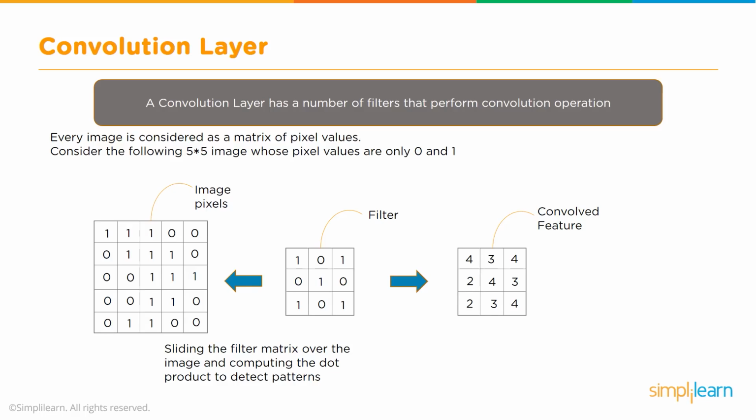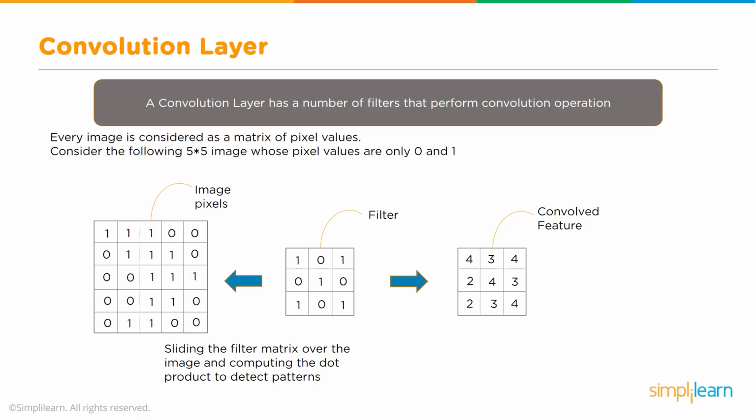So you don't need to worry what the filter actually is, but you do need to understand how a convolution layer works, what the filter is doing. And you'll have many filters, you don't have just one filter. You'll have lots of filters that are going to look for different aspects. The filter might be looking for just edges, it might be looking for different parts. We'll cover that in a little bit more detail in a minute. Right now we're just focusing on how the filter works as a matrix.